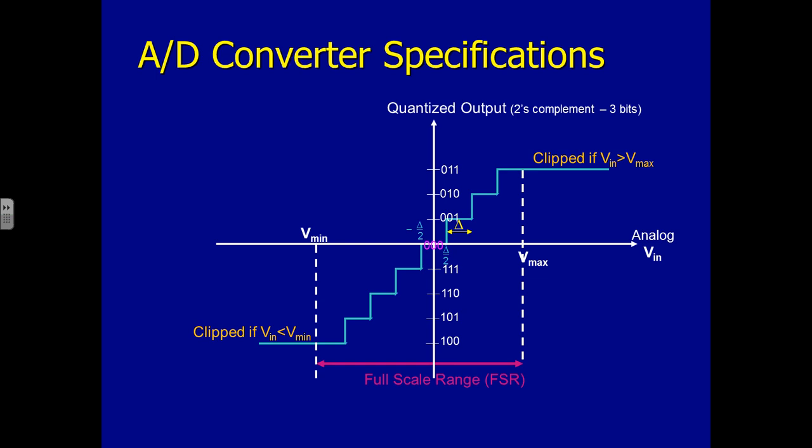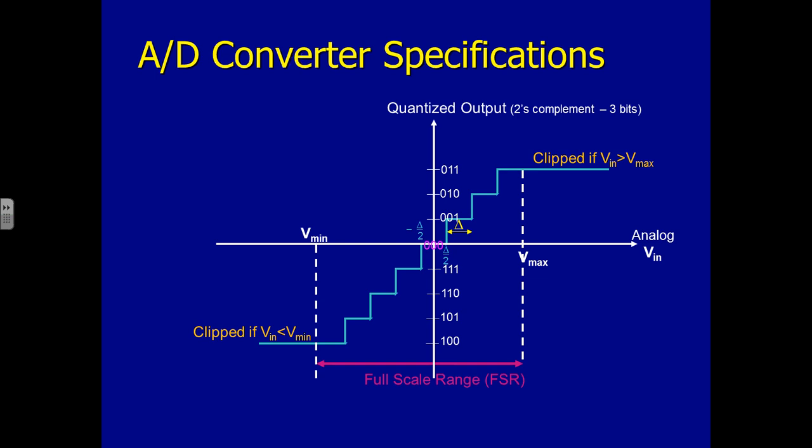Now, the resolution of the converter, this delta width, can be computed mathematically by taking the voltage of the full scale range and dividing it by the number of different steps we have in our converter. Since these are usually digital converters that convert things to binary numbers, the number of quantization levels is usually some power of 2. For example, as shown here, I have a 3-bit converter.